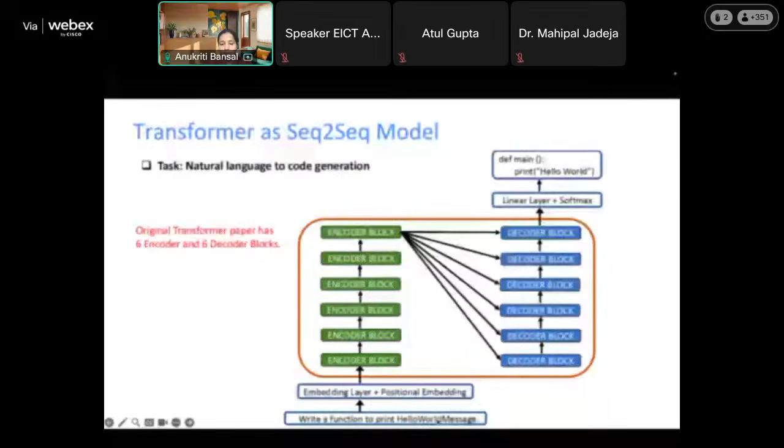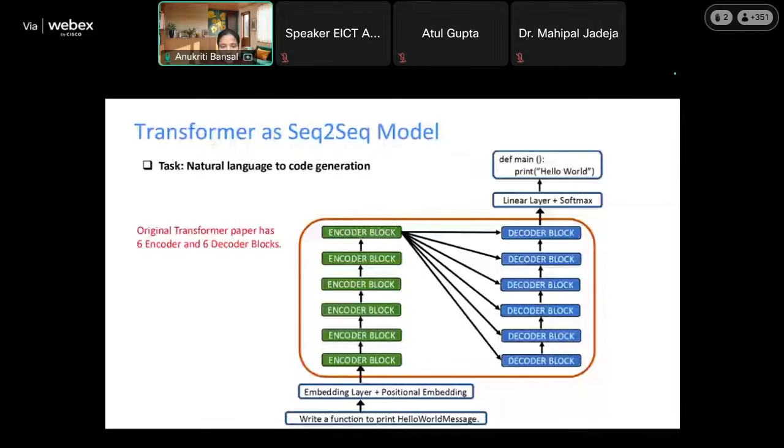So this is my input. I create an embedding layer, add positional encodings, and then it goes to the encoder, where we apply self-attention. It generates a vector for each input, and that will become the input for the next block.